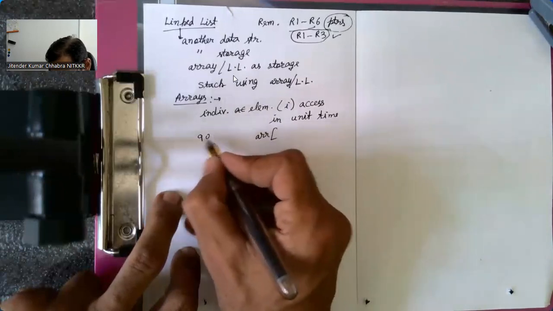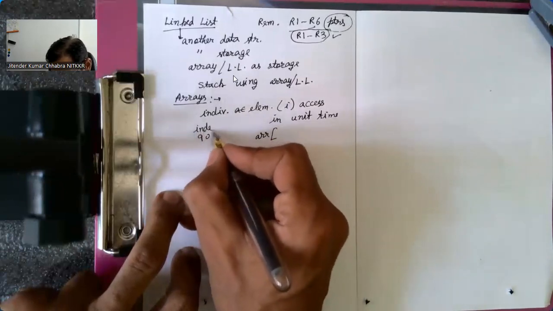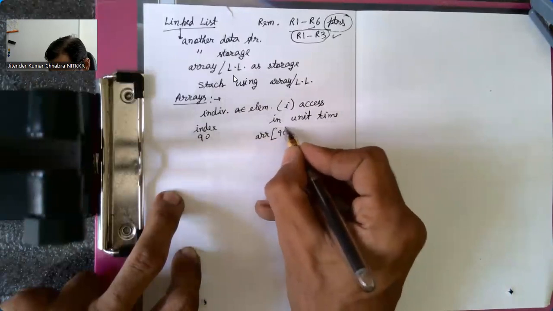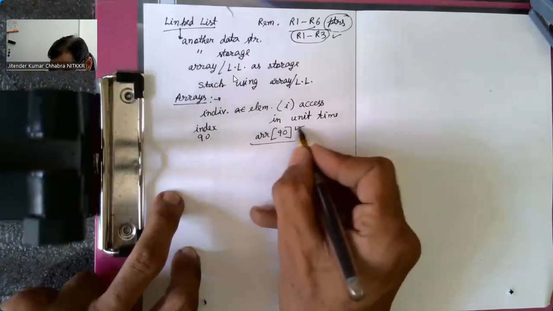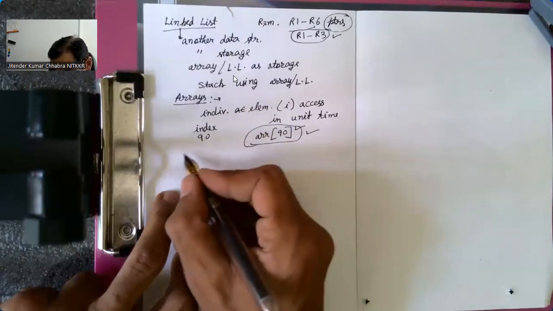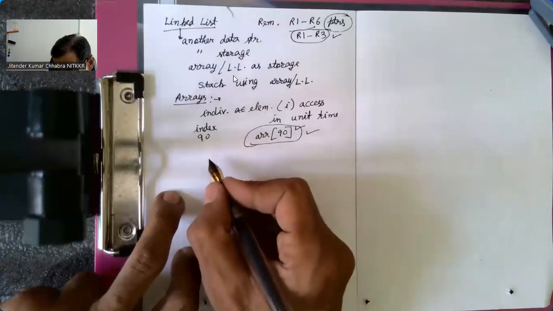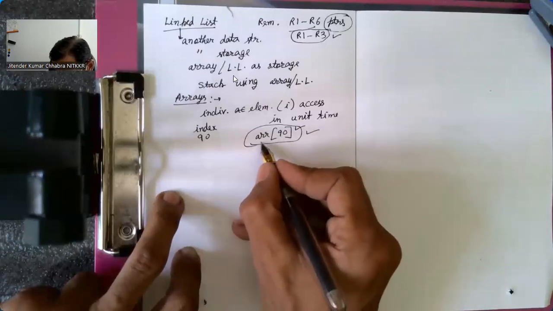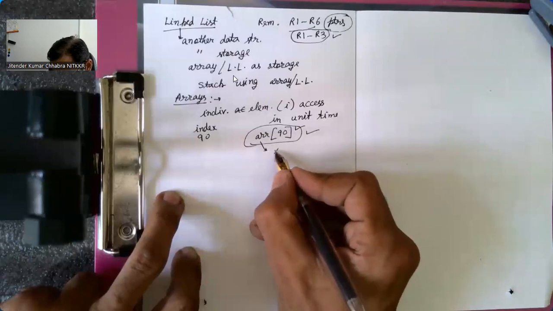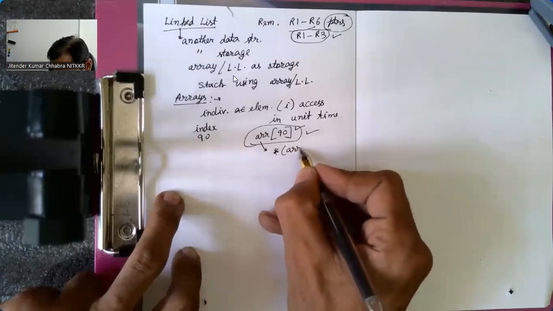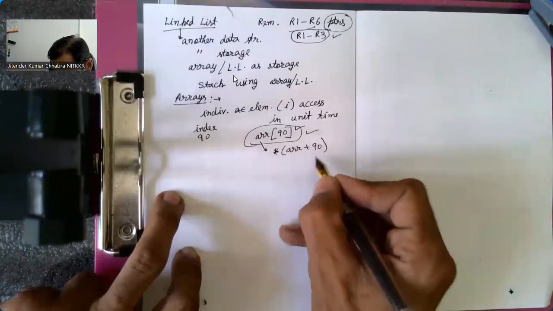Or if I say index 90, I can simply write array 90. And this is directly accessible without going through the previous elements. Why? Because this is internally converted to star of ARR plus 90.